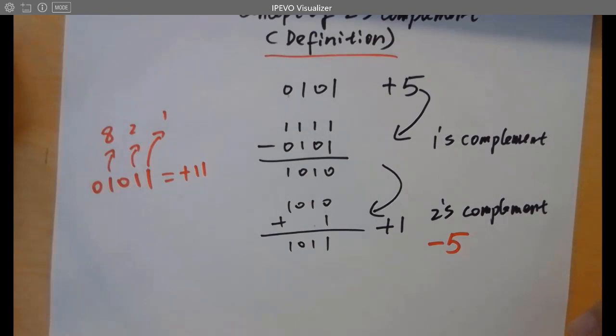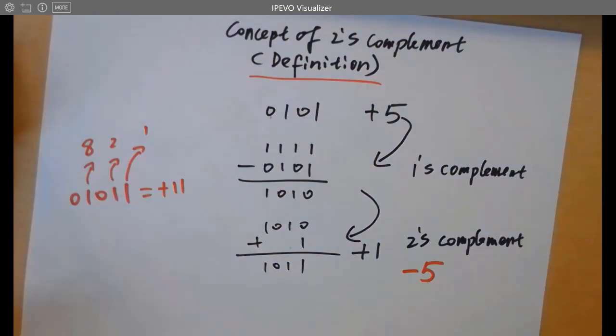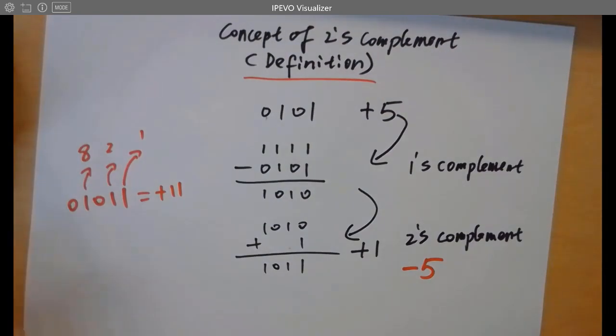Remember, you have a cheat sheet here. Just move your eyes. Invert and plus 1. That's it.